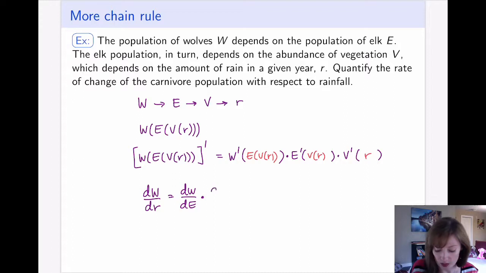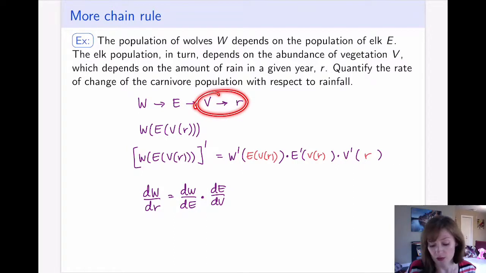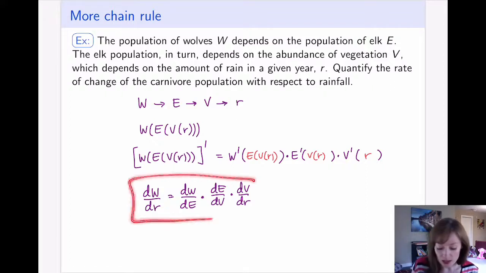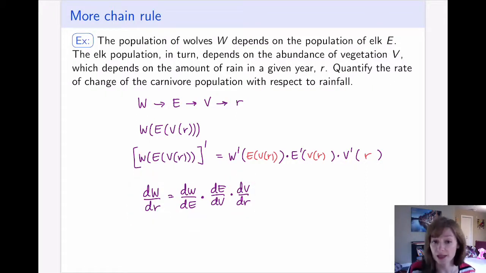So I have to take a derivative of e with respect to v. And now I'm at the v step, so I'm right here. I have to take a derivative of v with respect to r. And this brings me to the end of my chain, so I know I'm done, okay? So this is what the derivative would look like in this notation.